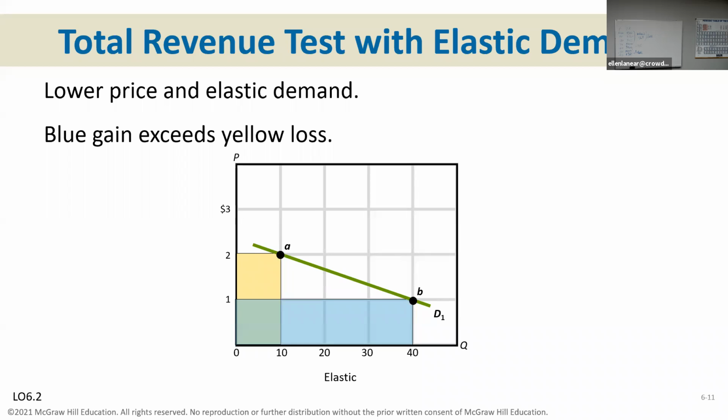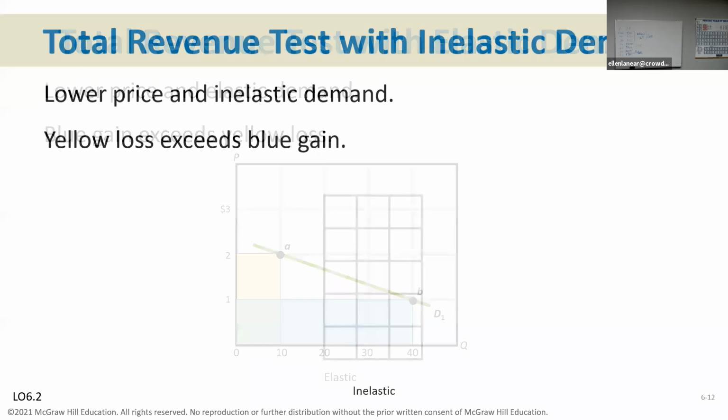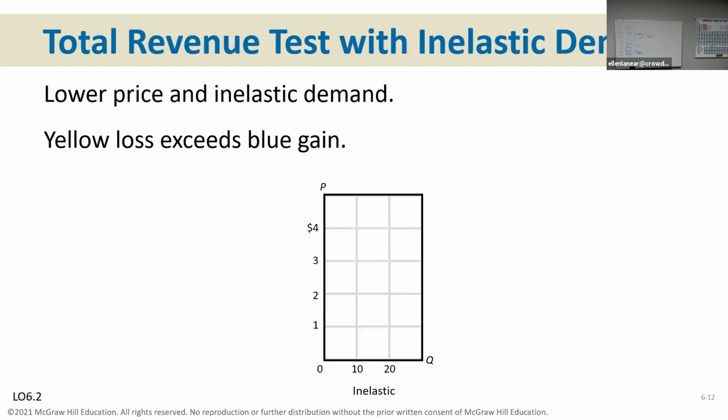It's a flatter demand curve as well. With inelastic, it's more of a straight demand curve. Let's say at $4, the quantity demanded was 10, so the total revenue is 40. Then reduce the price to $1 and the quantity demanded is 20, so $20. They reduce the price, total revenue falls, that's inelastic.